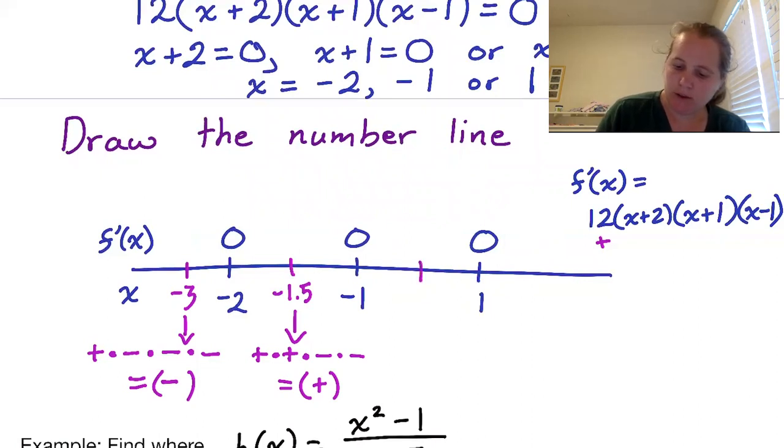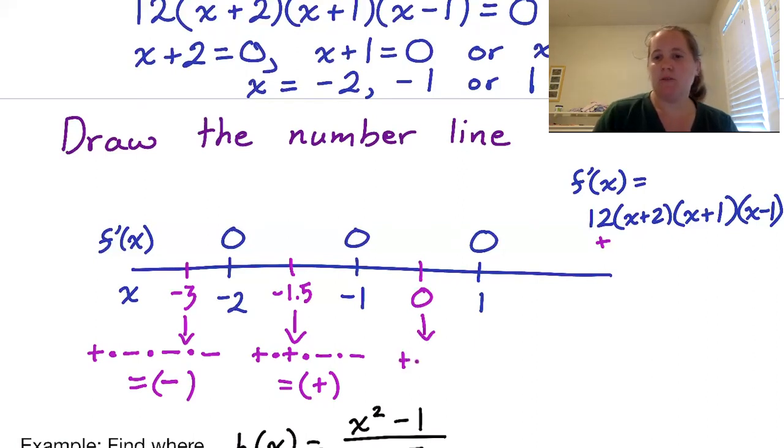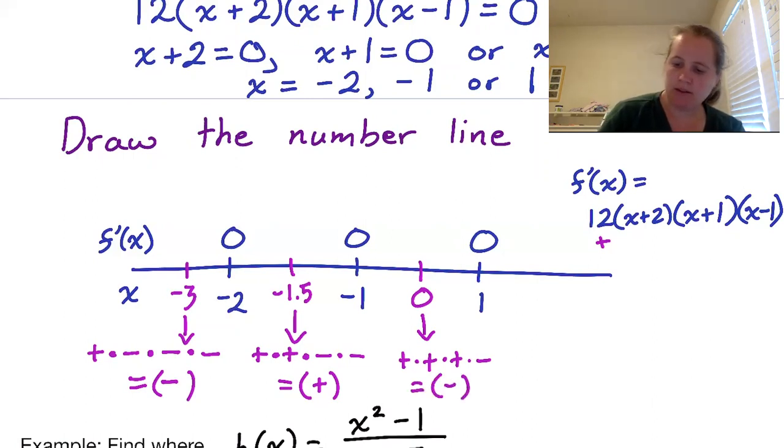Something between -1 and 1, I might as well pick 0. 12 is still positive. 0 plus 2 is positive. 0 plus 1 is positive. 0 minus 1 is still negative. That one has not yet switched. And we wind up getting negative overall. And then say at 2, we are still positive at 12. 2 plus 2 is still positive. 2 plus 1 is still positive.